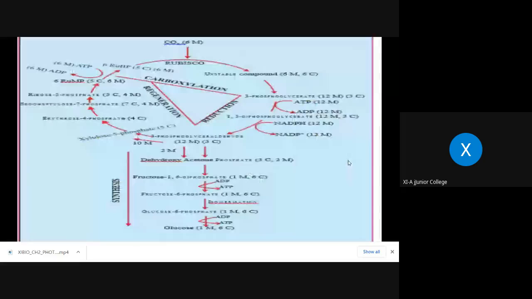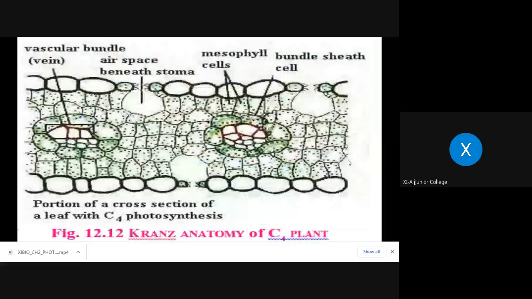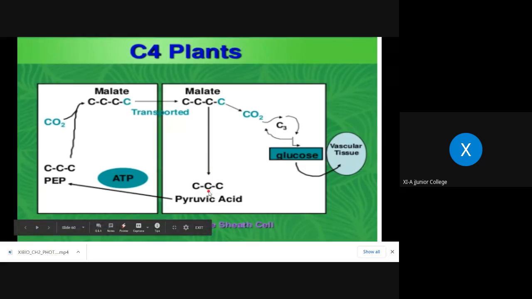How this takes place? Malate gets converted into pyruvic acid, that is a 3-carbon compound, with the release of 1 carbon in the form of CO2. That CO2 is not wasted, but is accepted by RuBP in the bundle sheath, which is the first CO2 acceptor for continuation of the C3 pathway, where in the third stage, the synthetic stage, glucose is produced, and this continues.